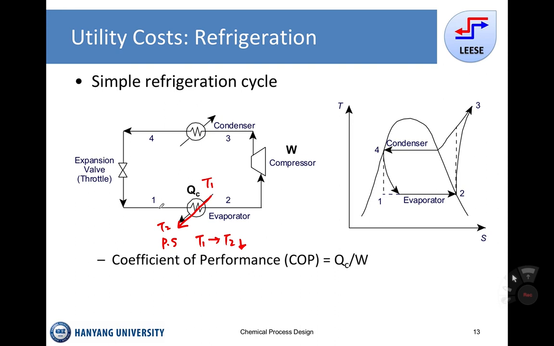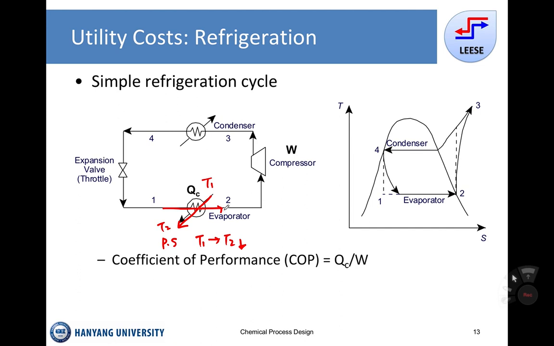So in condition 1 the fluid is evaporated through the evaporator. Then at condition 2, the fluid becomes the vapor. Okay. Then condition 1 is liquid and condition 2 is the vapor. So through this evaporator, the heat is transferred from this process stream to this refrigerant fluid.